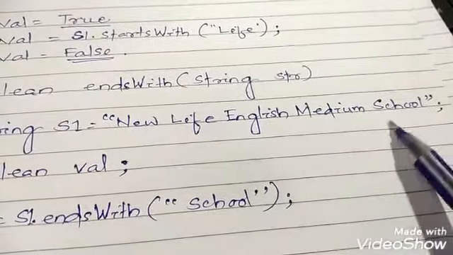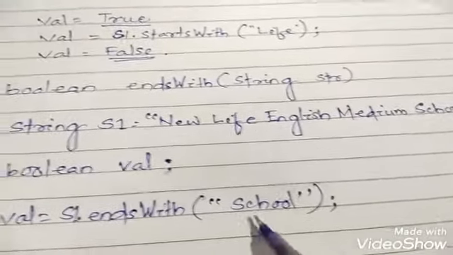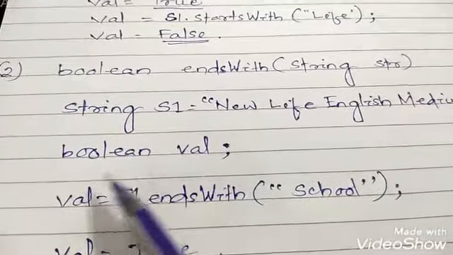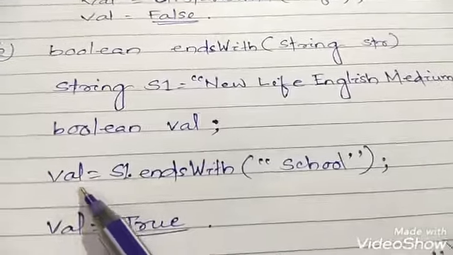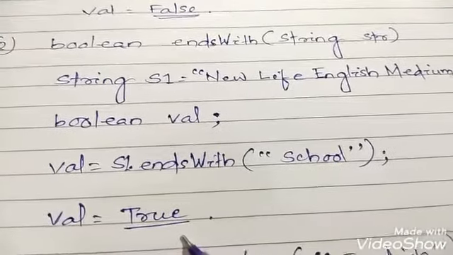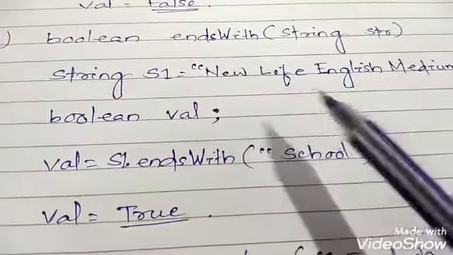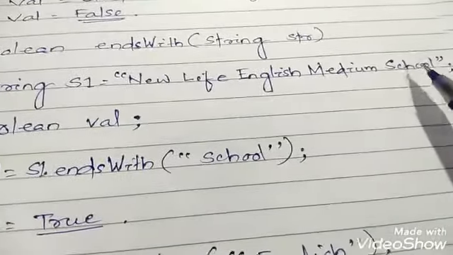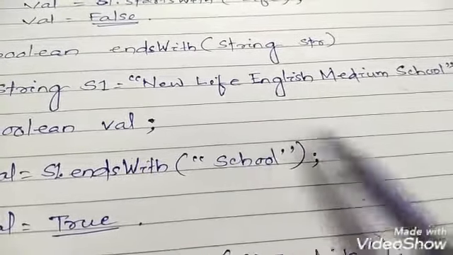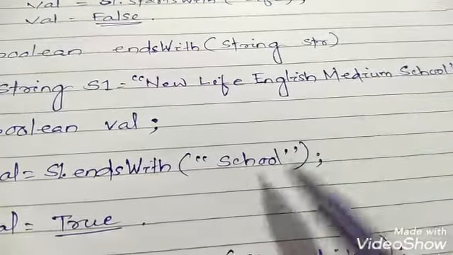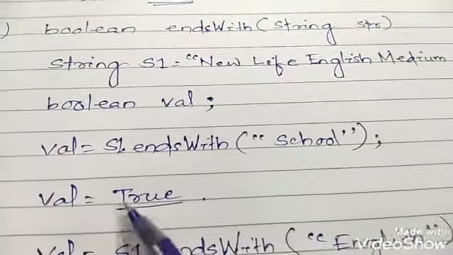Yes, this one and this one is matching. So what does it return? It returns a boolean value true, and the true will be stored in val. So the value of val will be true. Why? Because this string ends with word school and our argument is also school. Both are matching, so it returns true.